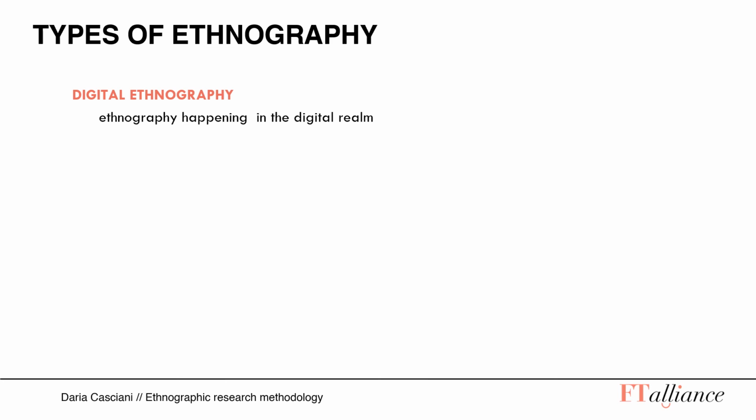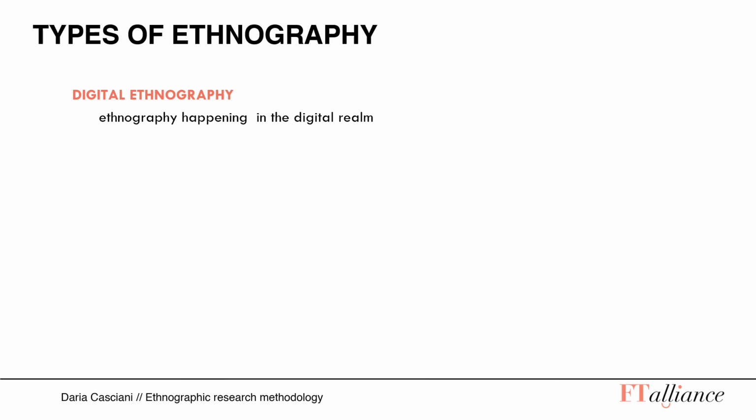Besides the physical settings that are used in the fieldwork of ethnographers, recently ethnography extended into the digital realm. So digital ethnography happens in the digital realm through what is called virtual ethnography and netnography.